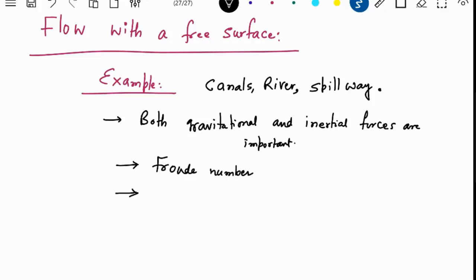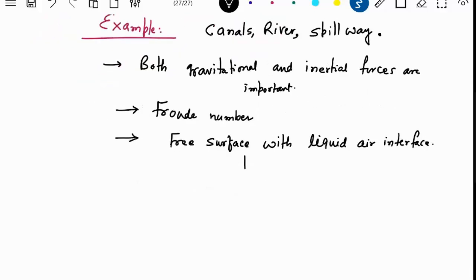Another thing in this case is that you have a free surface interacting with air. So you have a free surface of liquid, a liquid-air interface. Whenever you have an interface, surface tension becomes important.